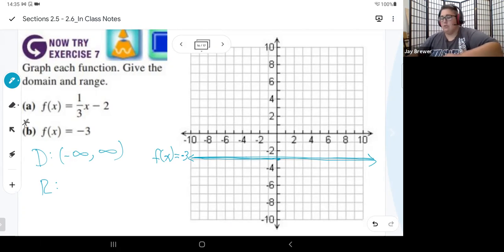No, you're not. You have a point on the y-axis where that line exists only in one spot. It only ever has a y of -3. So because of that, the range is -3.